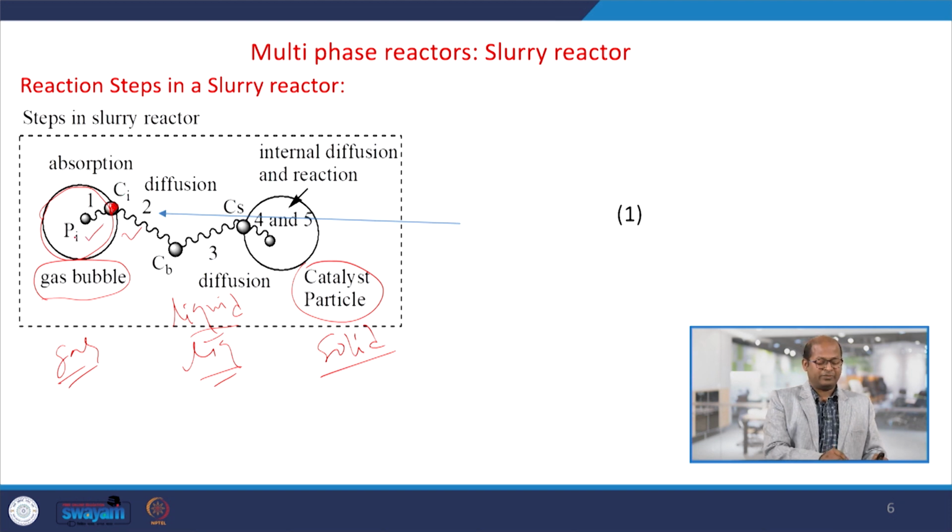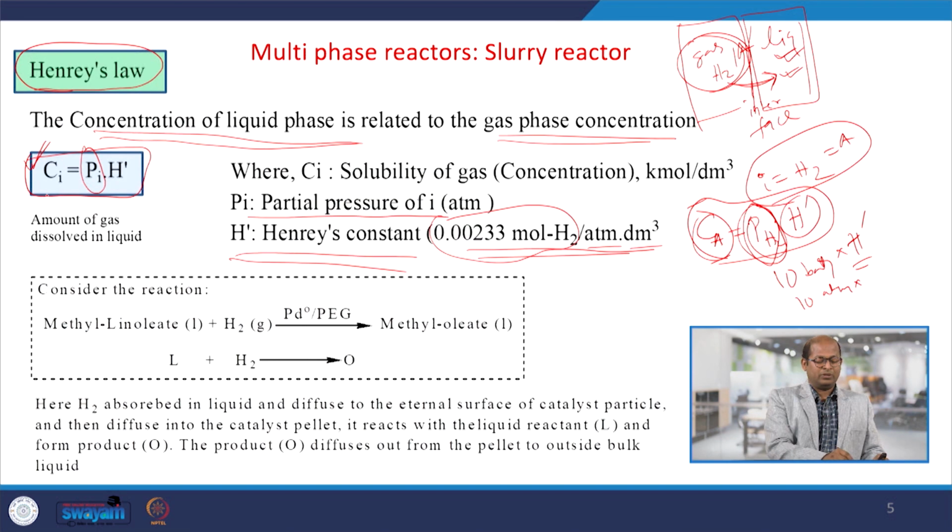At this interface mass transfer or absorption would occur, meaning the gaseous component gets absorbed at this particular point. That is the interface concentration, which we can find using Henry's law.